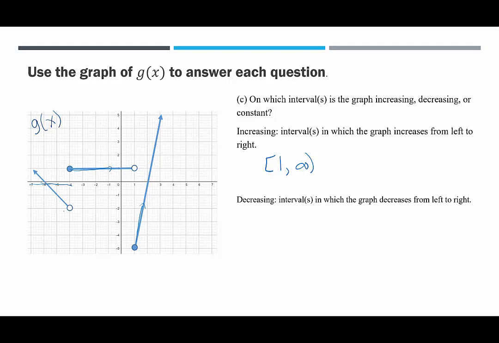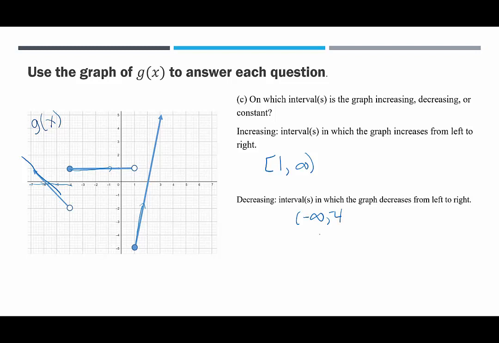Next, where is this graph decreasing? A graph is decreasing in any interval where the y values get smaller as we go from left to right. And that would be all the way to the left here. Even though there's that arrow going up toward the negative direction, if we go from left to right, I'd actually be moving my stylus down, which is exactly what I'm doing. So that indicates that that's the portion of the graph where it's decreasing. There's no start, so we say negative infinity, and then it will promptly stop decreasing at -4.